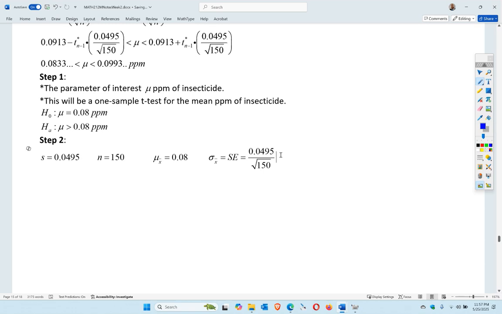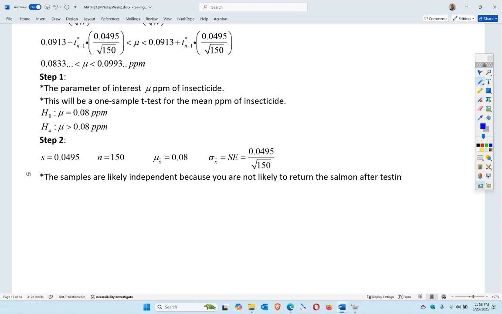Okay, so those are the sample ones when you have 150 of them. So the samples are likely independent because you are not likely to return a salmon after testing, because obviously you're cutting these up, and the 150 is less than 10% of the population, which means it's independent because it's not going to affect the probability, basically.